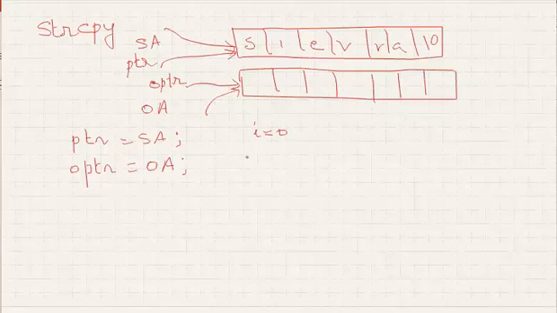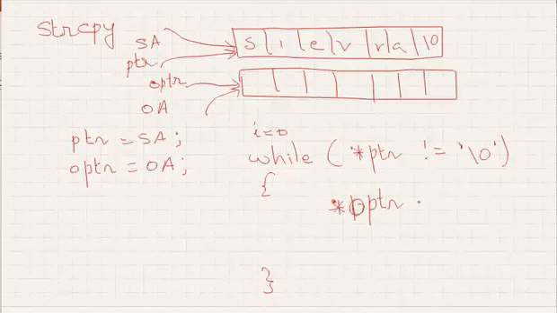So while pointer dereference is not equal to 0, we say, wherever the output pointer is pointing to, you copy from my pointer.